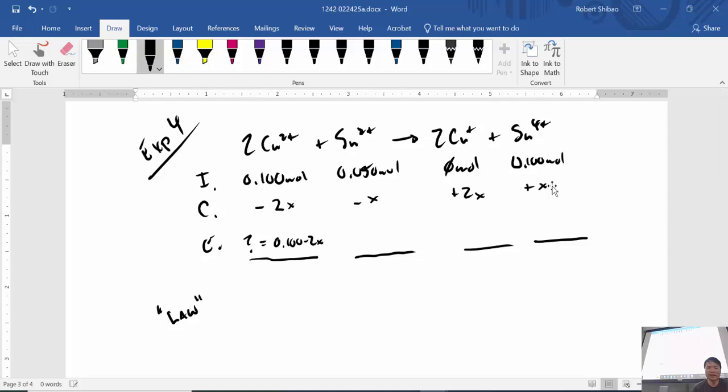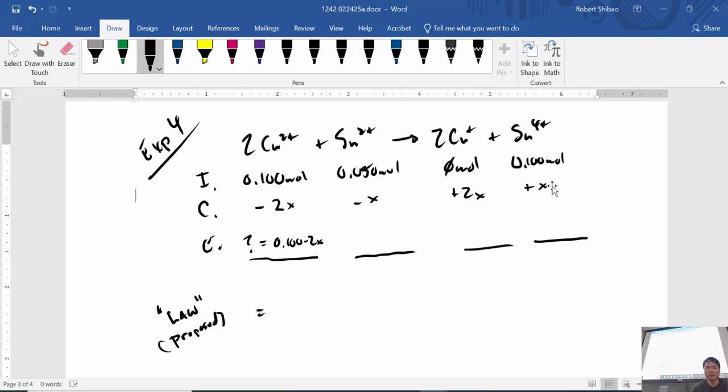I don't know if it's a law yet, but this is my proposed law.